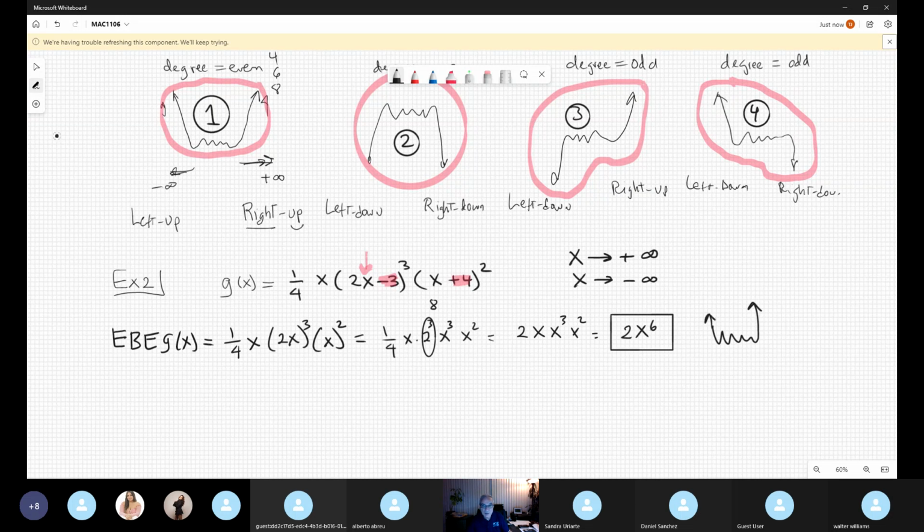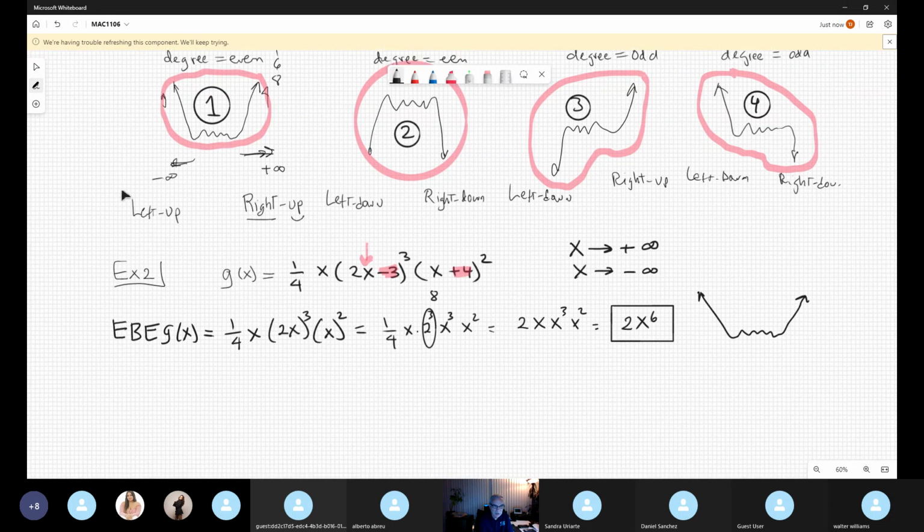Actually, it's not vertical. I did it wrong. It's like that. I understand that the graph looks like that. Option 1. So coefficient positive and exponent or degree even. Is this idea clear or confusing?